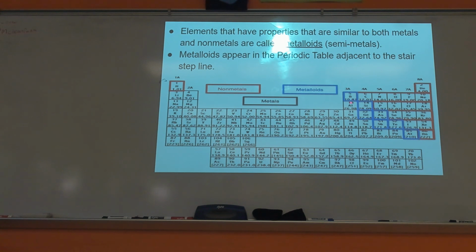They're this blue little staircase: boron, silicon, germanium, arsenic, antimony, tellurium, astatine. You want to identify that staircase. You can figure out the metalloids and everything else falls into place, because to the top and right of the metalloids are the nonmetals, and to the bottom and left are the metals.